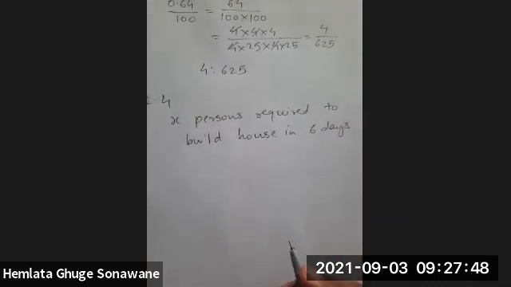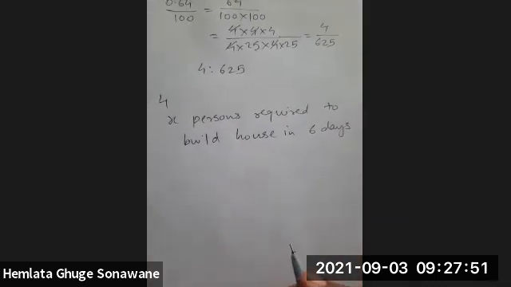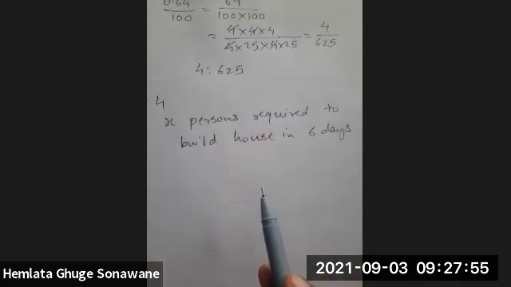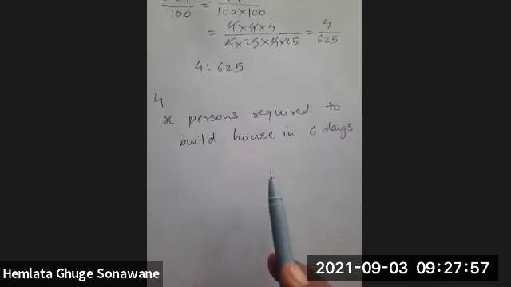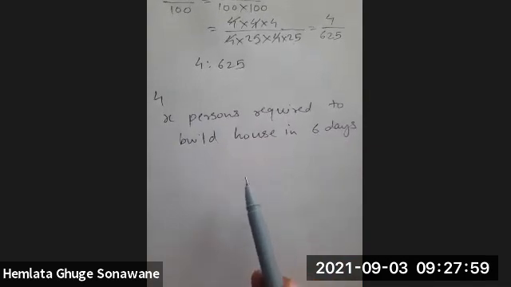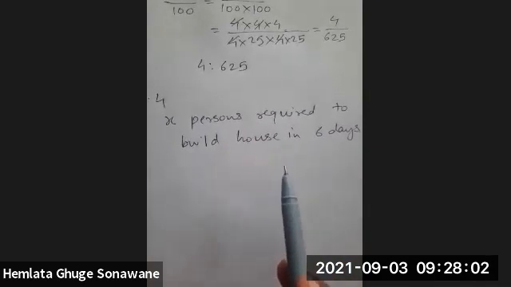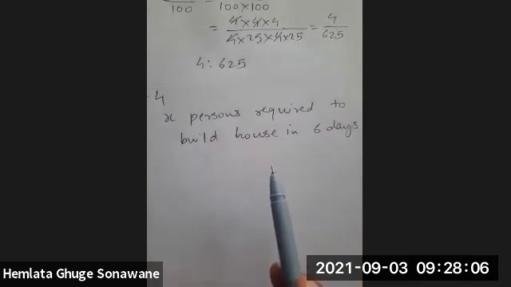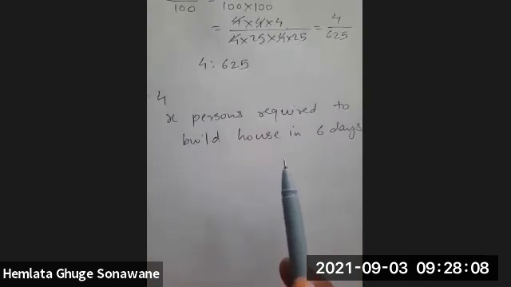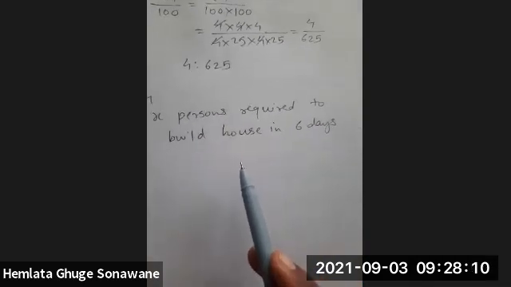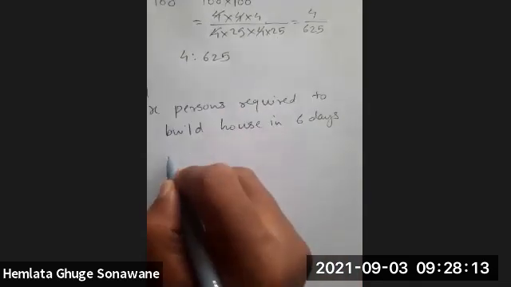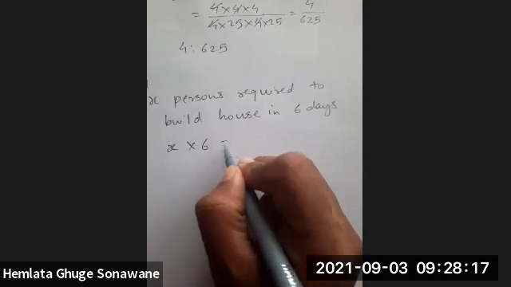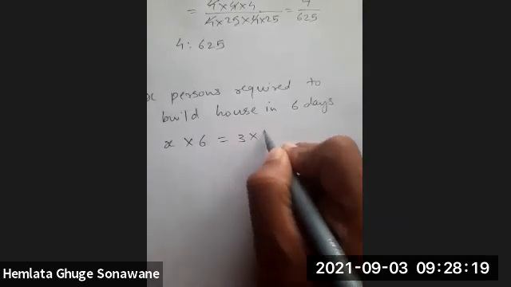Okay, what is given? Three persons can build a small house in 8 days. Now we have to find out how many persons can build the same house in 6 days. Here the ratio is in inverse proportion, and the product of the number of persons and the number of days is constant. So our equation becomes X into 6 is equal to 3 into 8.